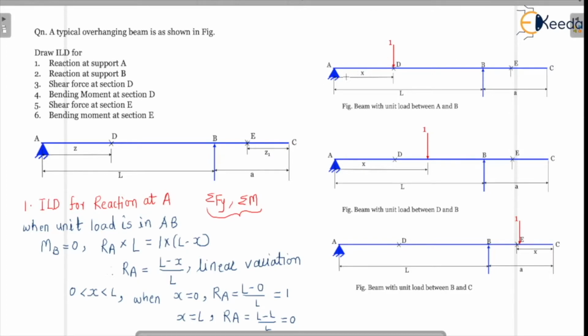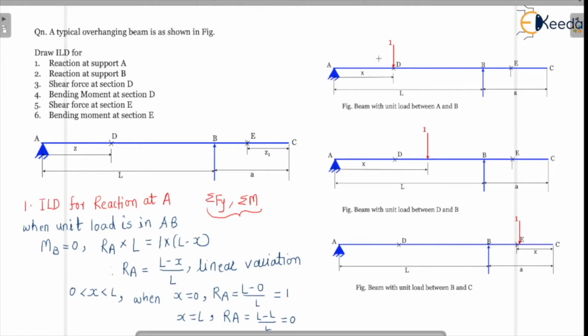First, the unit load is acting between A and B, not exactly at the point D, somewhere between the supports. The second case, which we will use for shear force and bending moment, is the unit load acting in the portion DB. And for the third, it is acting in the portion BC.